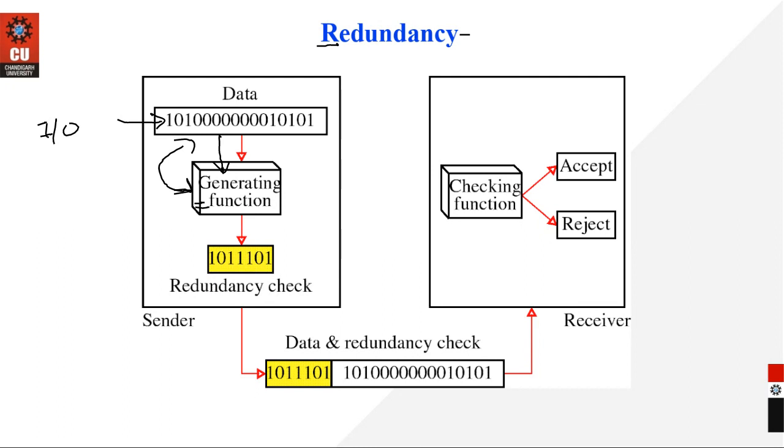Assume that it did something to it, let's take it as abracadabra, whatever. What particular magic this function is doing will depend upon that algorithm only. So this generating function will play around with this data and generate some extra bits, right?